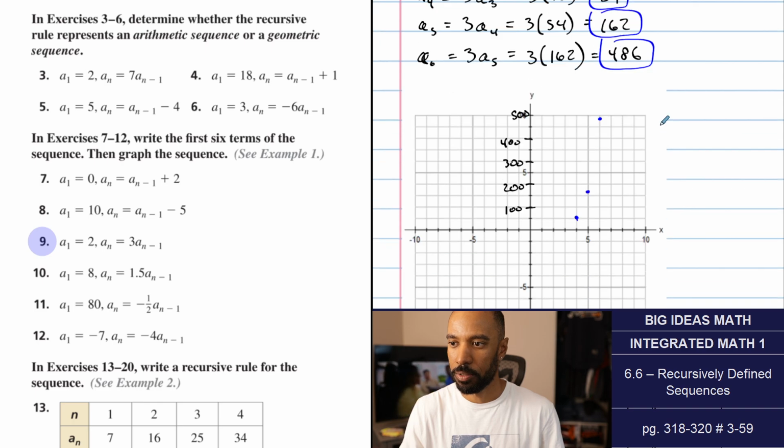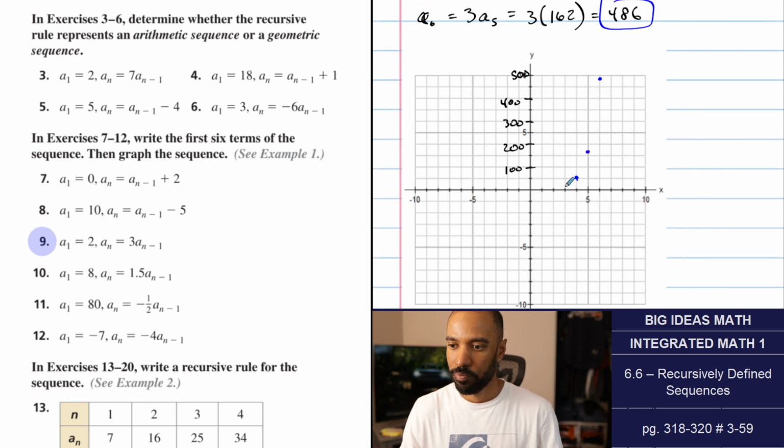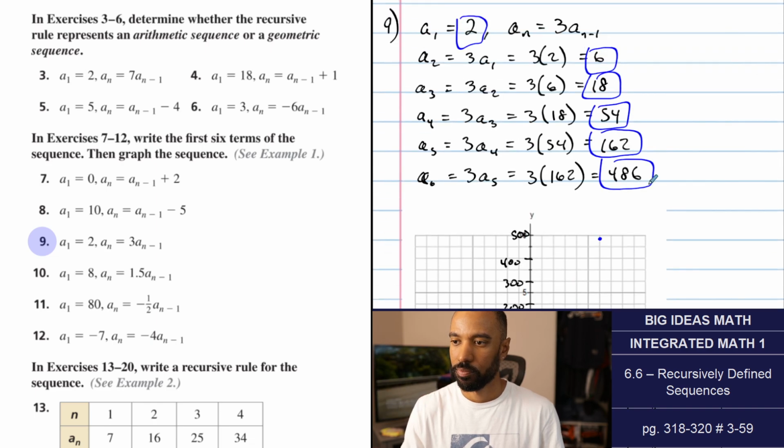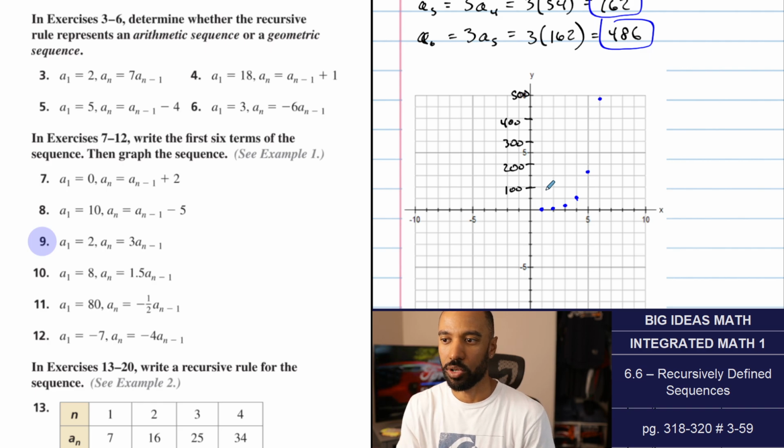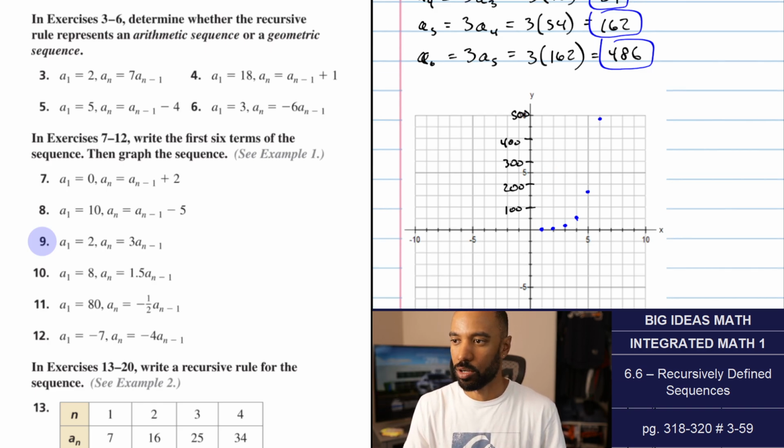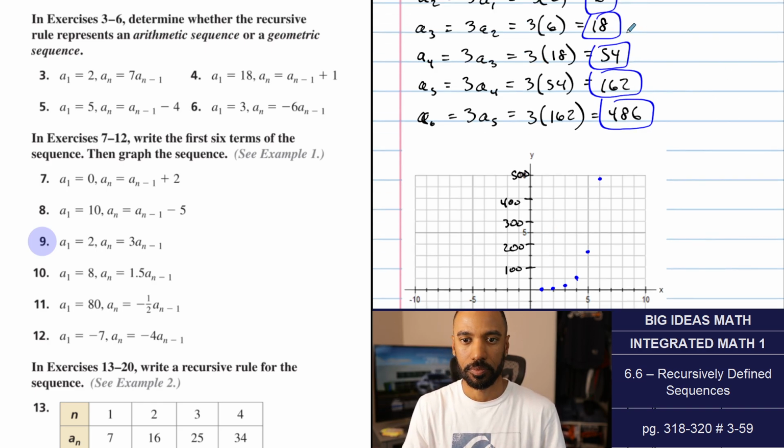Now we're getting small. 18, 2/5 of the way up to 50, just about. And 6 and 2. There they are. Again, it has the exponential curve appearance. And you're going to see a lot of those for these kinds of problems.